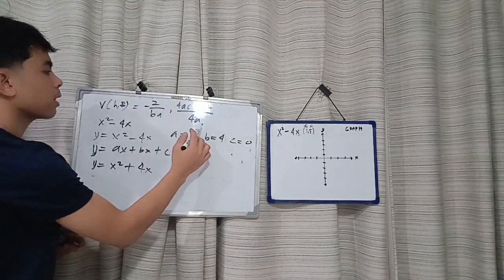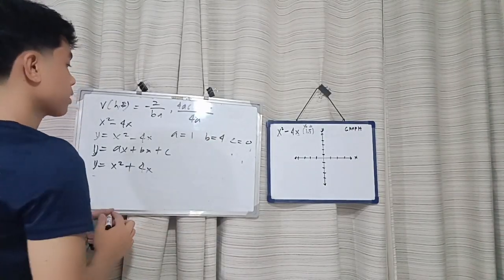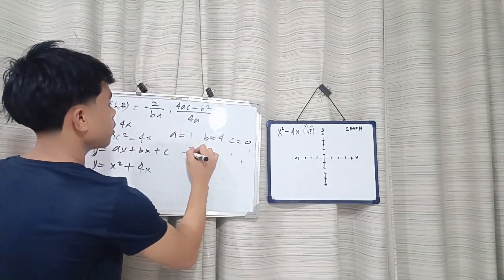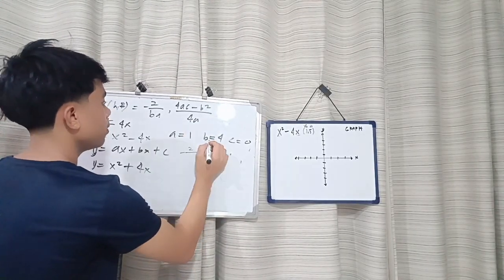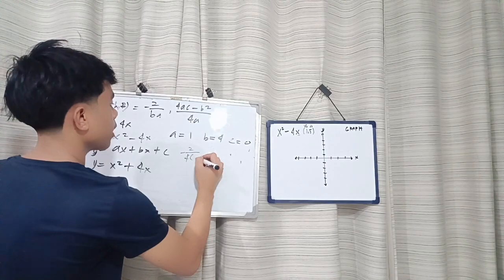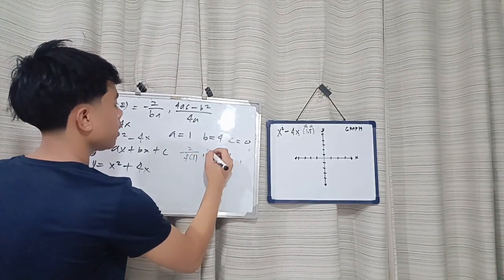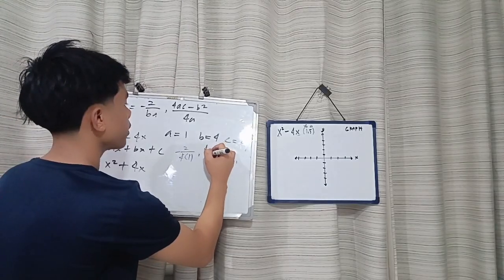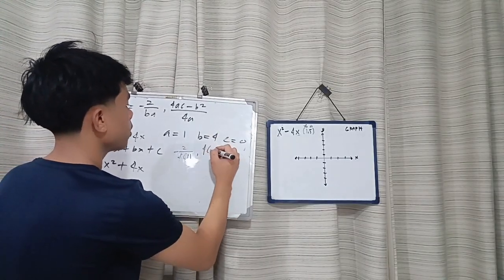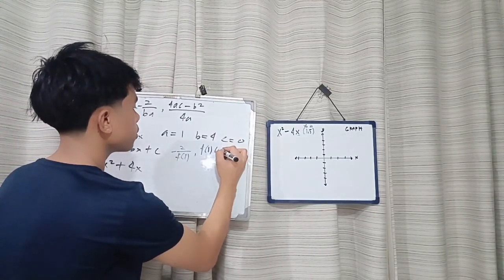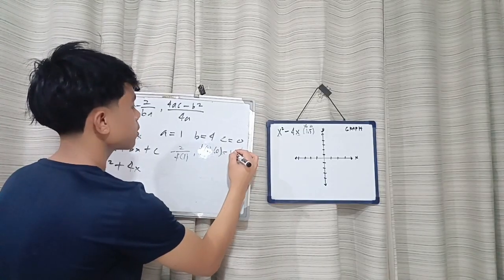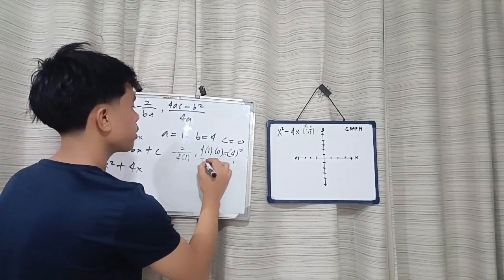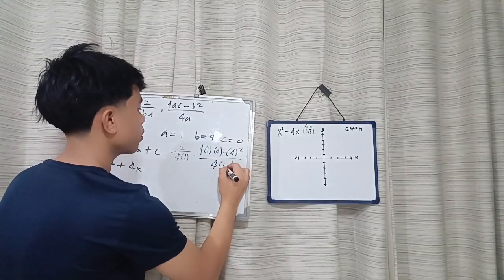Using this formula, we can get our vertex: negative B over 2A, where B is 4 and A is 1, and for y, C minus B squared over 4A, where C is 0.